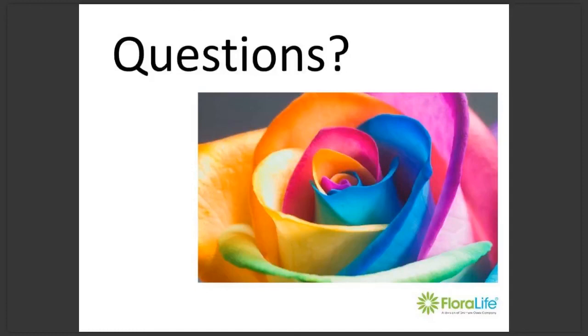Now, it's similar to dog breeds. Dogs are all the same species, but they come in lots of different breeds. And different breeds are good for different things, or they're more susceptible to different things, or they're stronger than others. They all vary. And it's exactly the same with flowers. So with roses, they're all the same species, but each different color will be an individual variety.